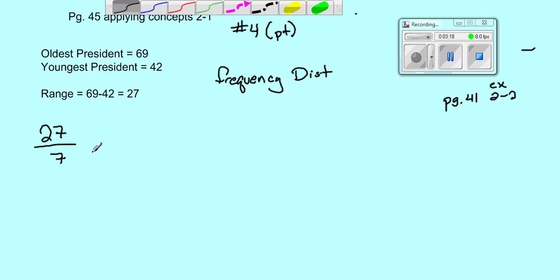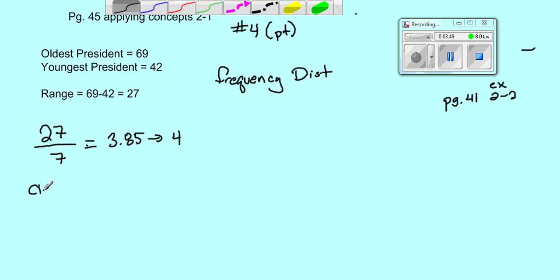In that case, every one of my classes is going to be approximately 3.85, except I have to round that up, so I round it up to 4. Once I have that identified, I have to come up with my starting point for my class limits.